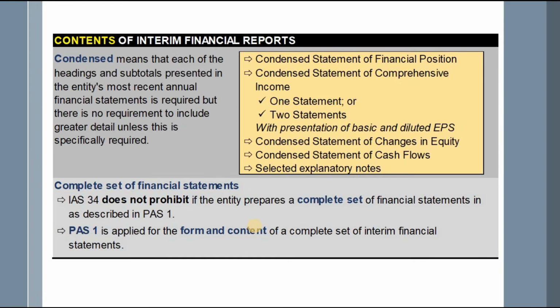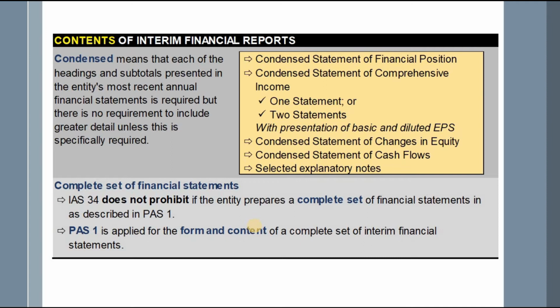So what are the contents of interim financial reports? Of course, the content of the interim financial report is based on what the entity wants to present to its users. The entity may adopt 2 standards in the preparation of its interim financial report.